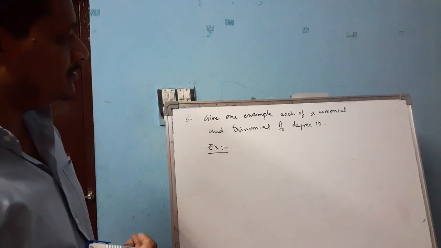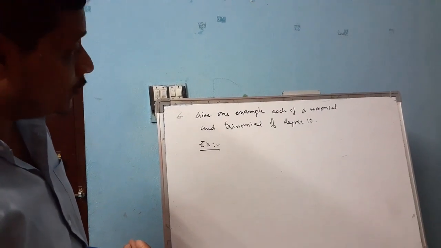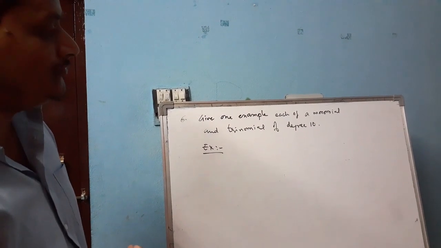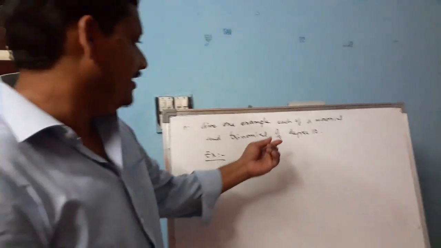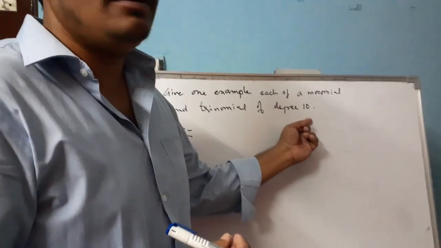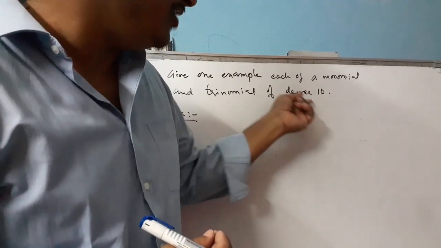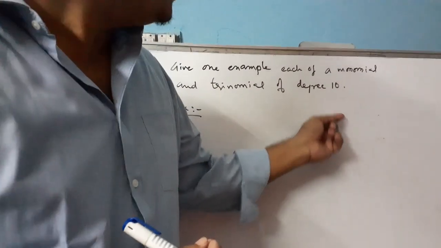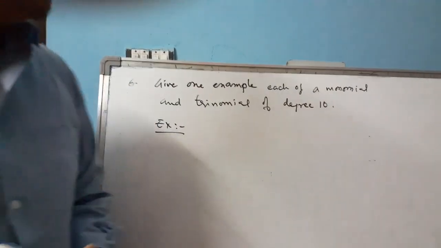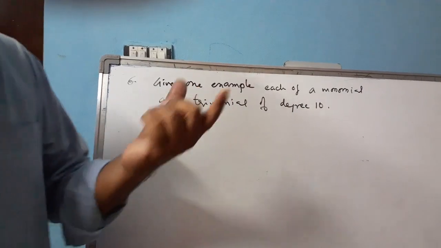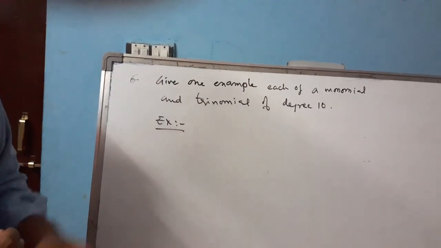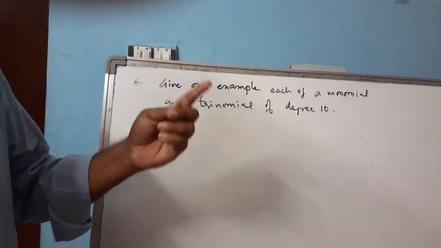Give one example each of the monomial and trinomial of degree 10. Degree 10 means the power of the variable should be 10. And what about the monomial? Monomial means it contains only one term. So one term, that power should be 10.